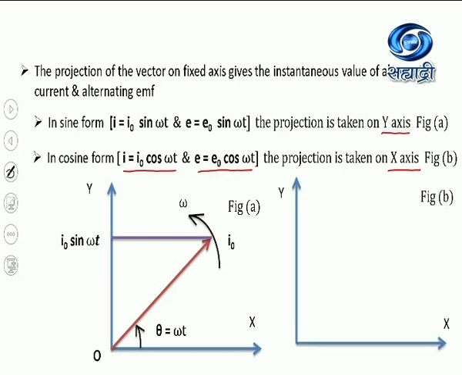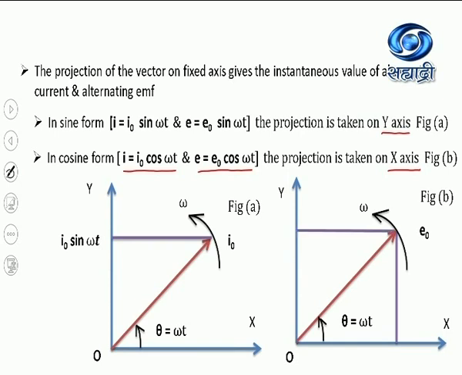Similarly, if you are representing EMF by a phasor, then in that case the length of the vector will represent the peak value of the EMF, E naught. This vector is rotating in anticlockwise direction with constant angular velocity omega. If you take its projection along the x-axis, then it will give you a cosine function.